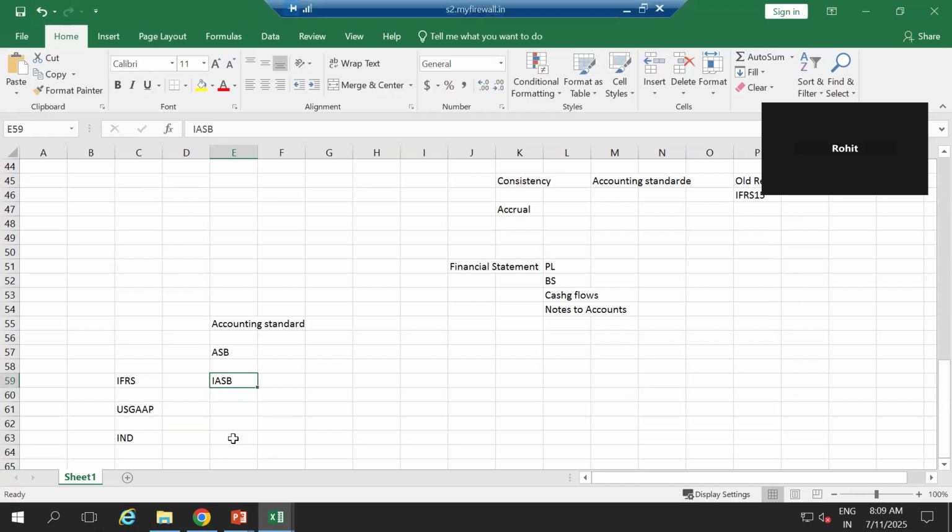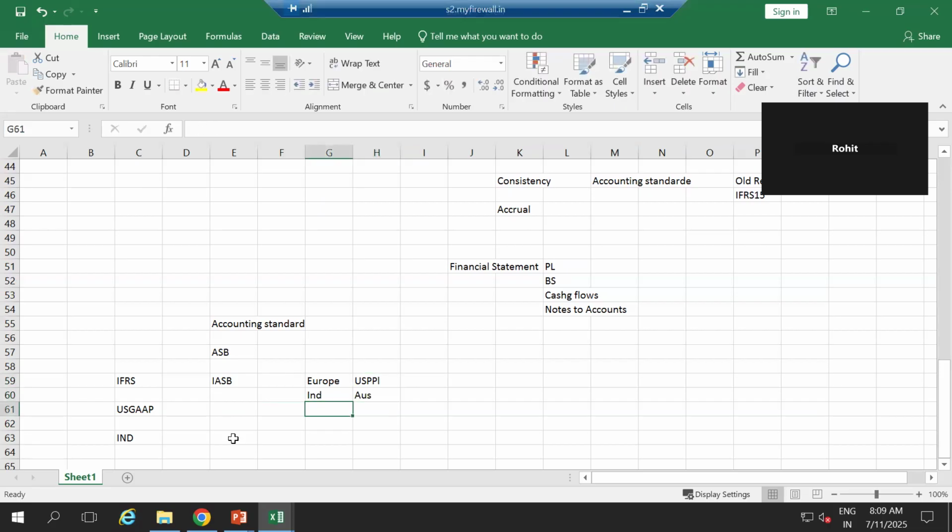Now, imagine if this International Accounting Standard Board had only US people as representatives. Do you think Europe would accept it? They'll say, no, you are only thinking from your side, framing the accounting standard and asking us to implement it. Or if only Europe is there and the US is not, do you think the US would accept it? Let's say only Indian people are there, do you think Australians will accept it?